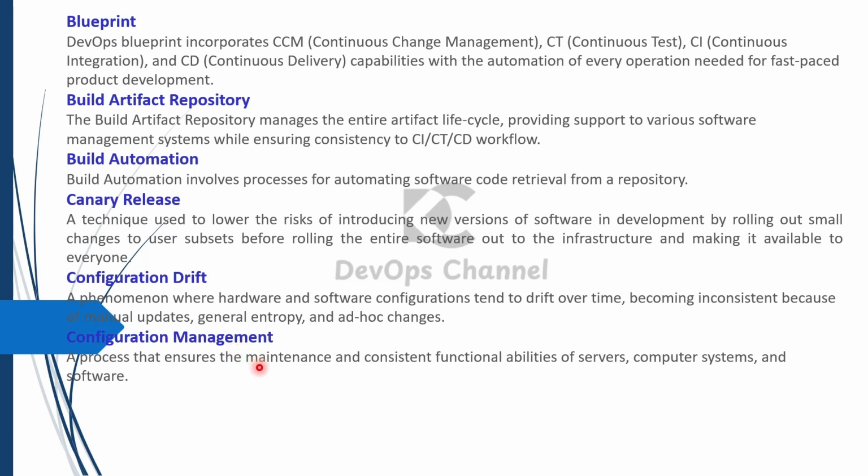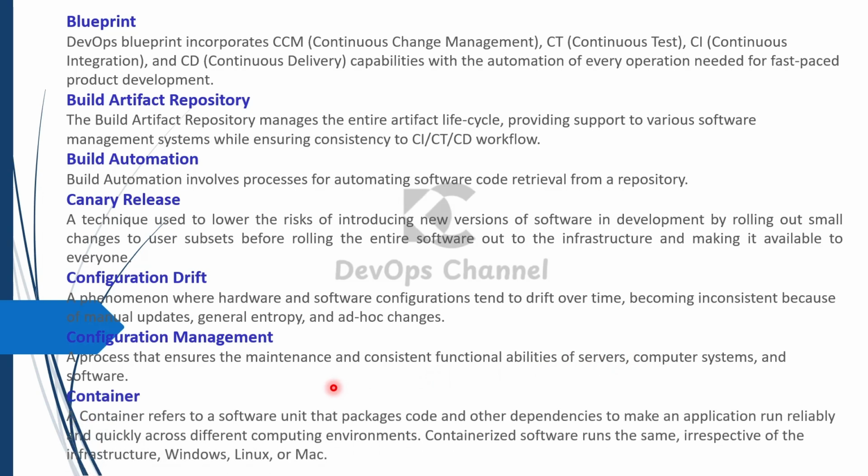A process that ensures the maintenance and consistent functional abilities of servers, computer systems, and software. And next one is container. We have also discussed it. A container refers to a software unit that packages code and other dependencies to make an application run reliably and quickly across different computing environments.